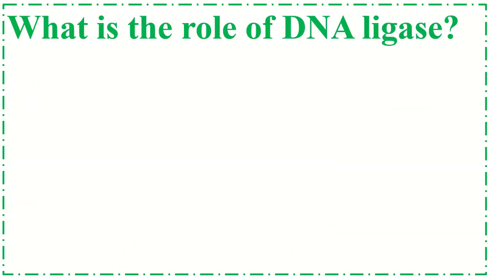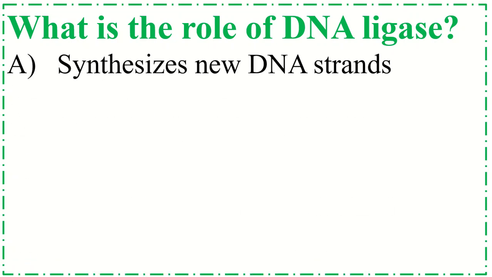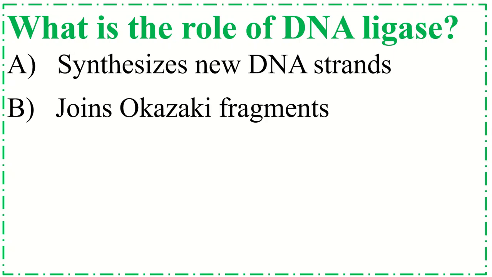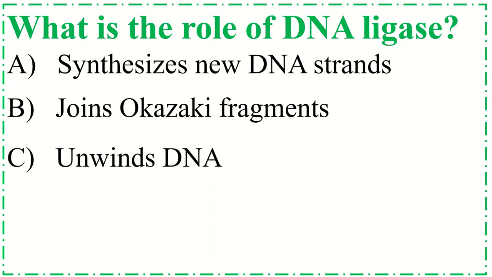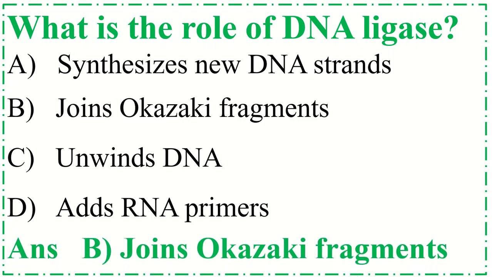What is the role of DNA ligase? Option A, synthesizes new DNA strands, B, joins Okazaki fragments, C, unwinds DNA, D, adds RNA primers. Correct option is B, joins Okazaki fragments.